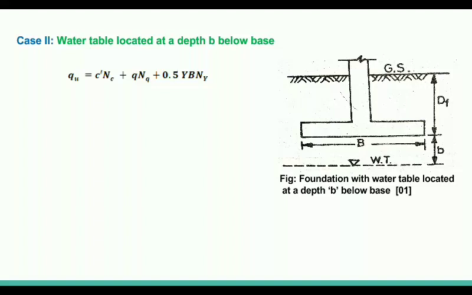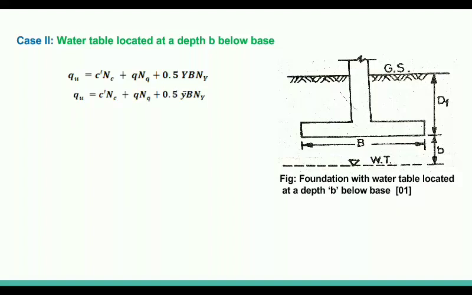So which gamma will we take? The gamma of surcharge, the bulk unit weight, or the saturated one? Terzaghi, after conducting many experiments, suggested an empirical relation. By using that, we can calculate the ultimate bearing capacity where the water table is at some depth below the base of the footing.